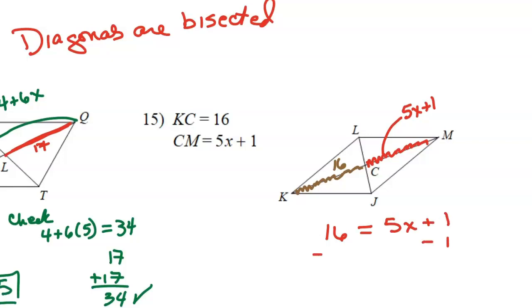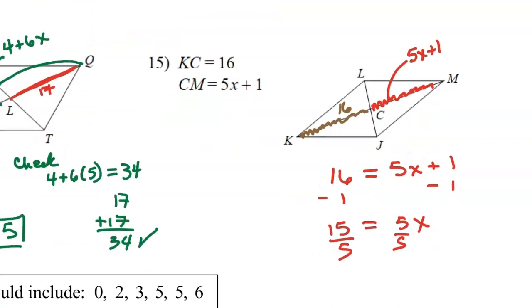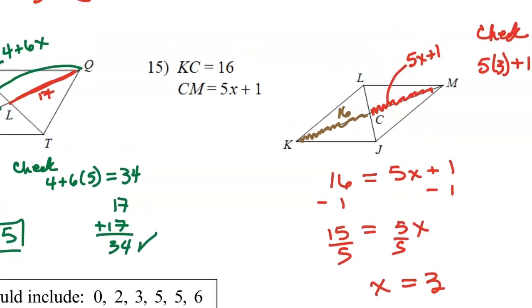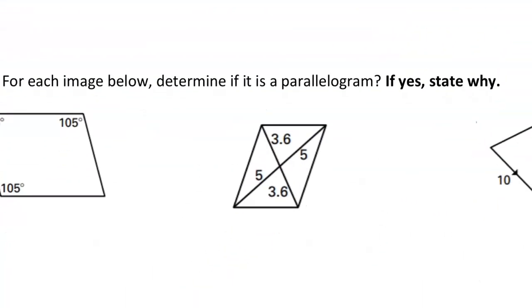Minus 1, minus 1, 15 equals 5x. Divide by 5, divide by 5. X will equal 3. Okay, plug in, so I'm going to check. I need to make sure that the red half is also 16. 5 times 3 plus 1 equals 16, and I know that I have bisected diagonals, and that's consistent with having a parallelogram.